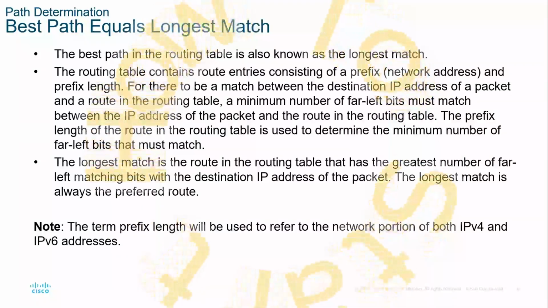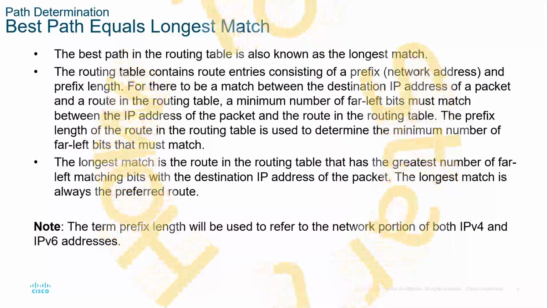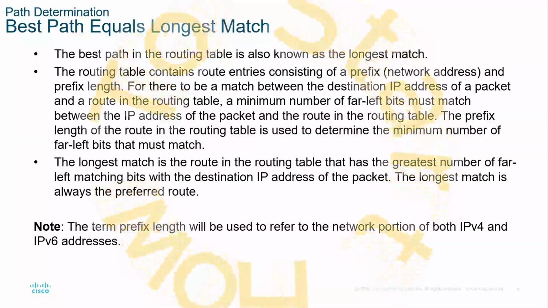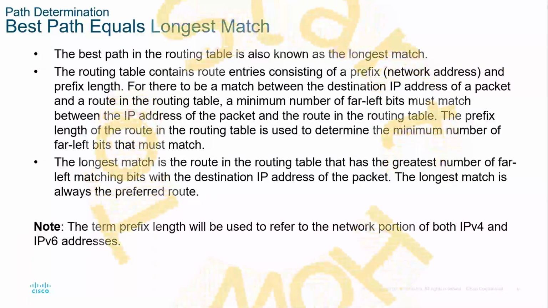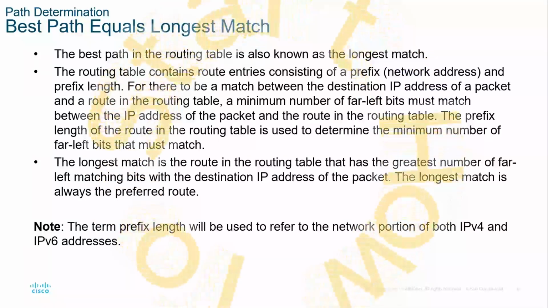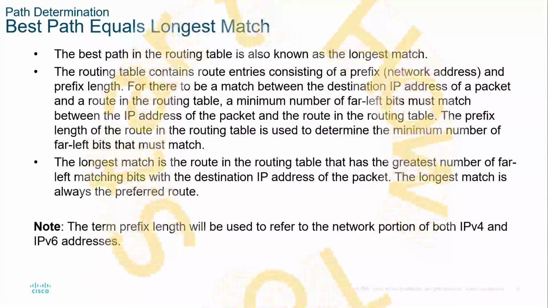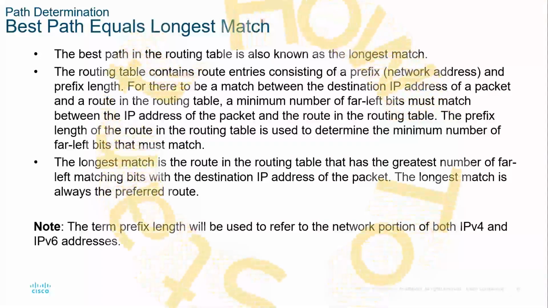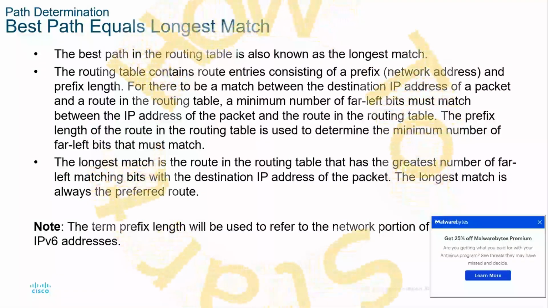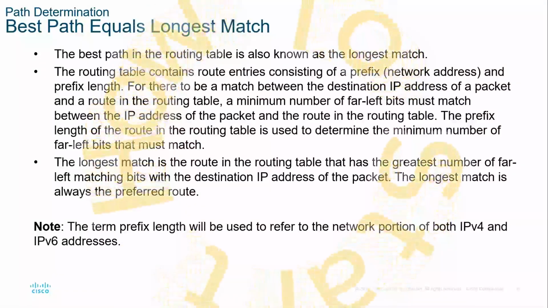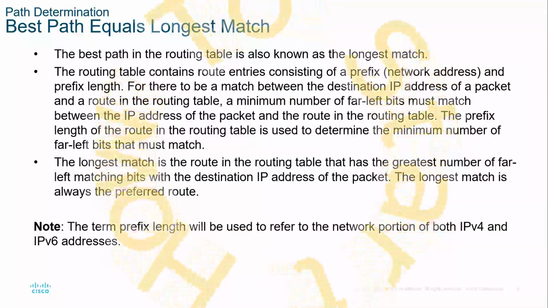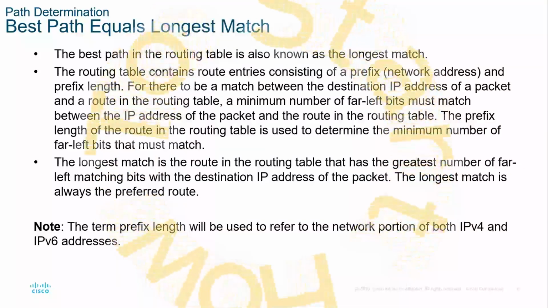For there to be a match between the destination IP address of a packet and a route in the routing table, a minimum number of far left bits, network bits, must match between the destination IP and the destination network.